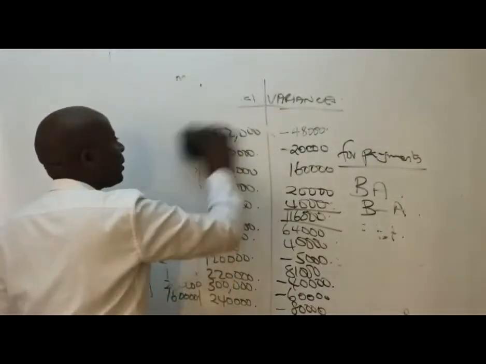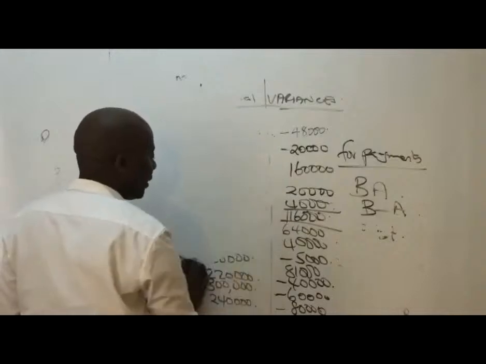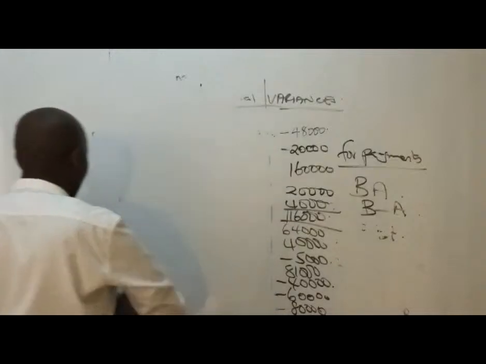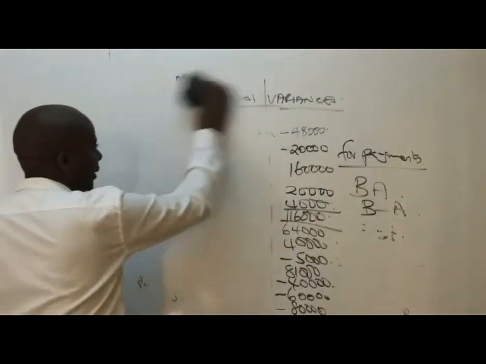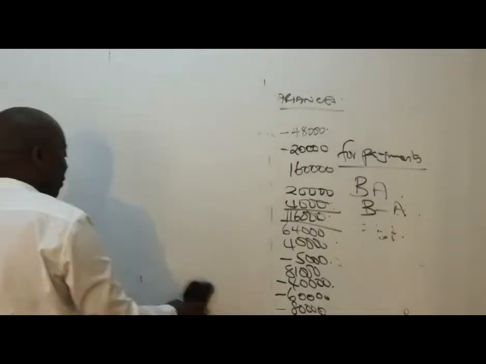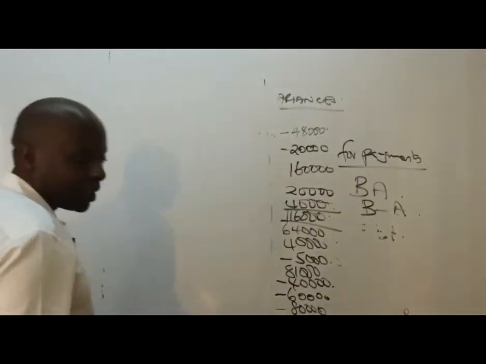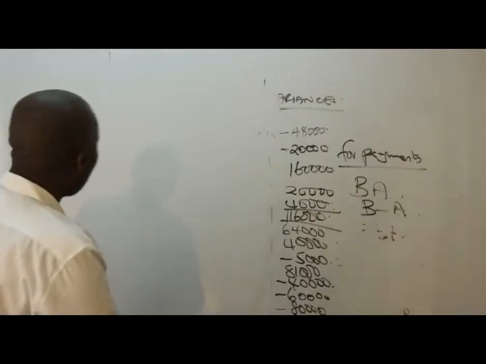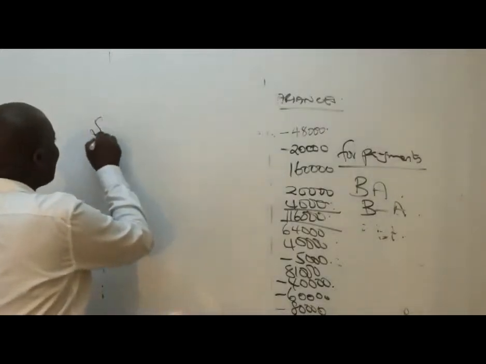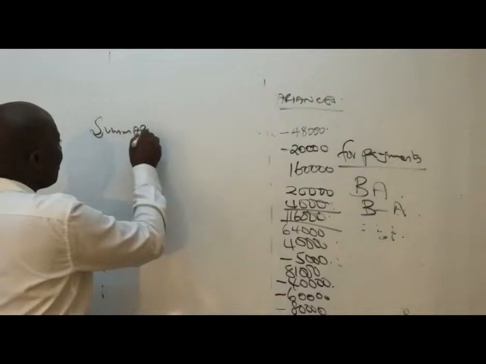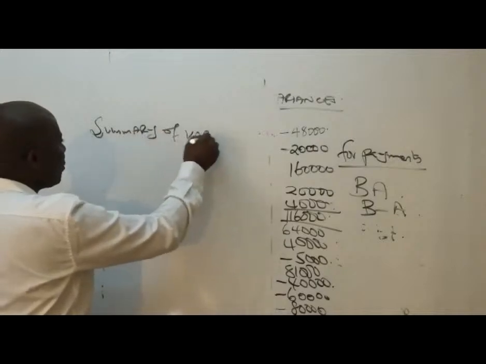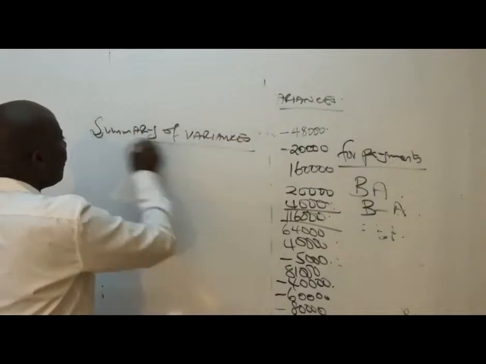So you need to come and give us a summary. Summary of variances, what do we have there?